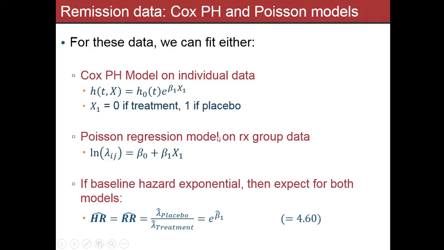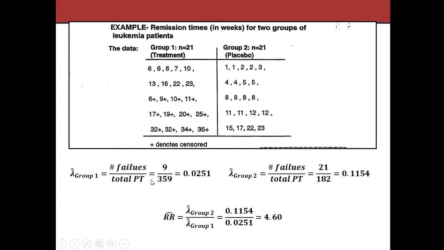You can alternatively model these same data using Poisson regression, using the grouped experience data of the two treatment groups. That's what I'll show you as well. And that would be the log of the rate is beta naught plus beta 1 x1. So what you do is, this is now your data, these rates basically. It's the summarized experiences, 9 and 359.